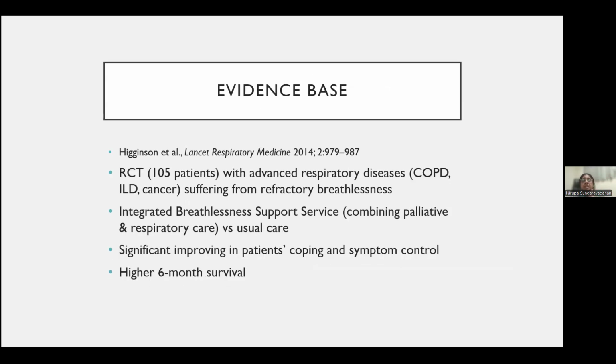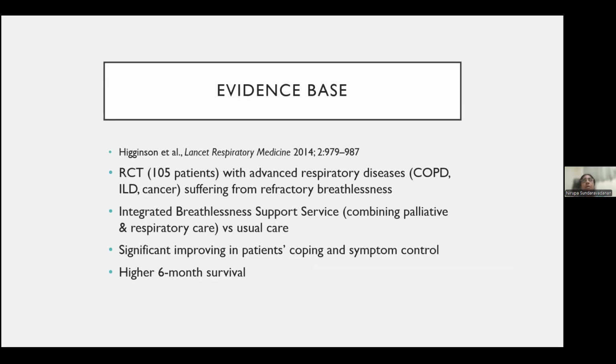So this is a very, very important evidence-based paper that was published. It came out in 2014, and this was an eye opener. They did a randomized control trial of 105 patients with advanced respiratory disease. That could have been maybe COPD, ILD, cancer, but basically they were suffering from refractory breathlessness.